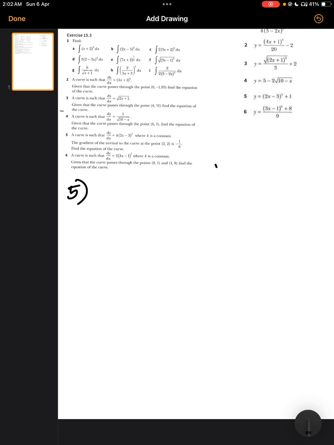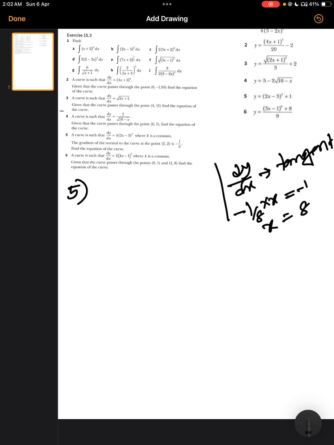Guys, before going to that math, we have to know that this is called the tangent. This is called the tangent, right? So we have to get the gradient of the tangent. So minus 1 by 8 times x is equal to negative 1. So our x would be 8. So which is the gradient of the tangent?